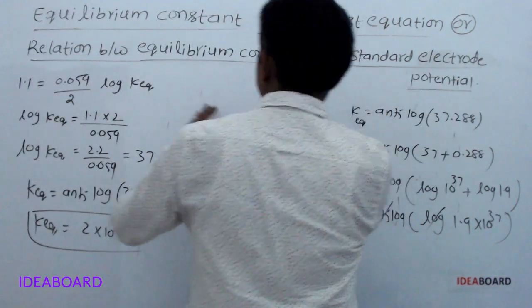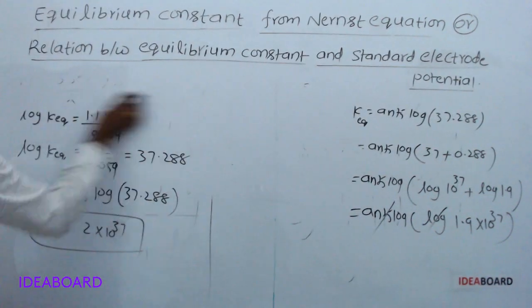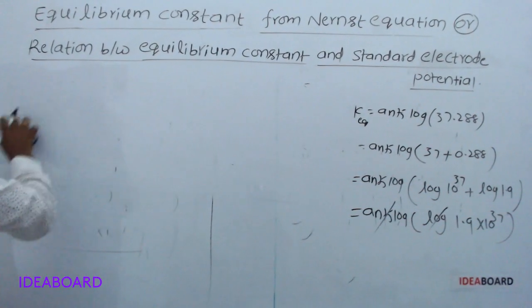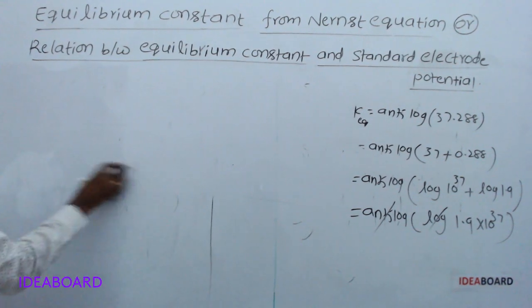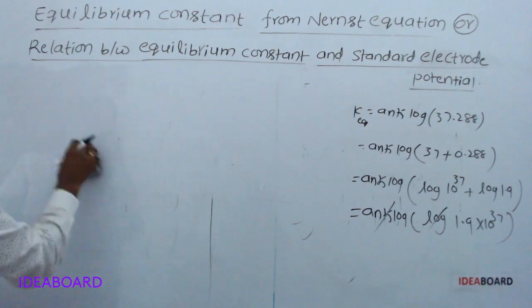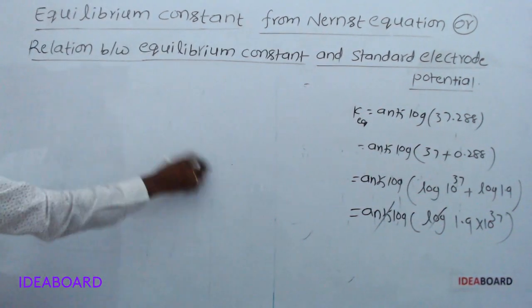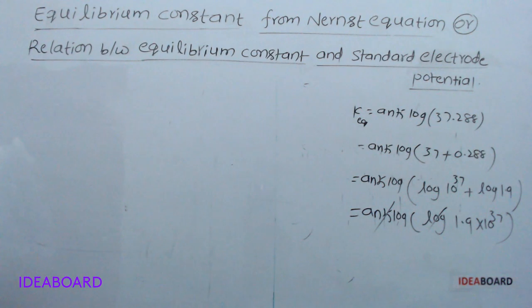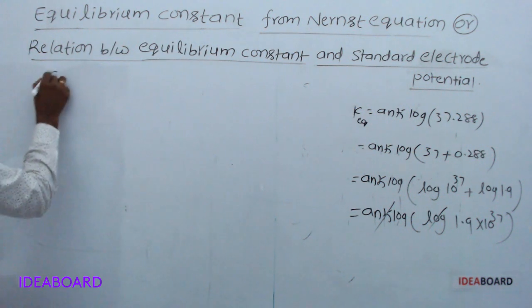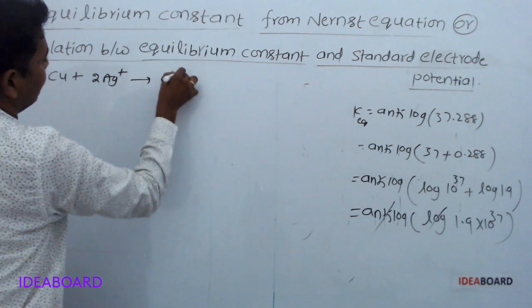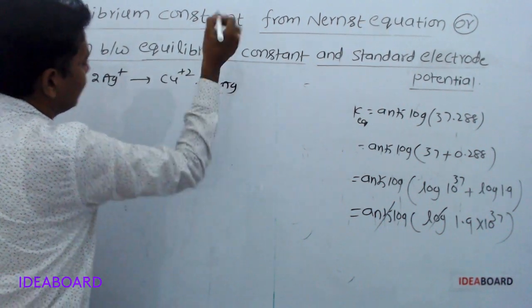See, I'll explain one problem. Calculate the equilibrium constant of the reaction Cu plus 2Ag+ gives Cu2+ plus 2Ag.